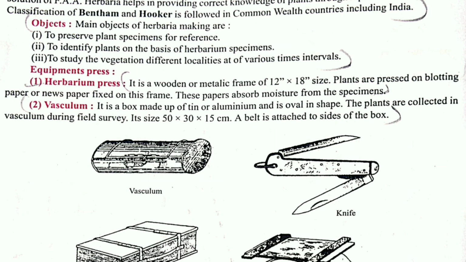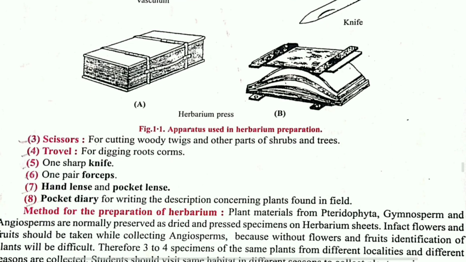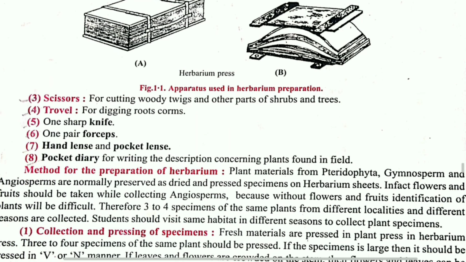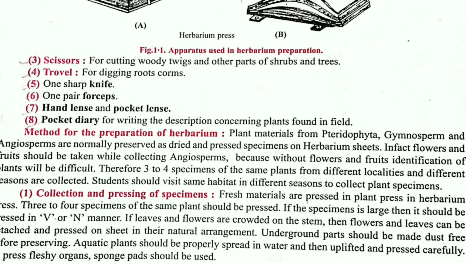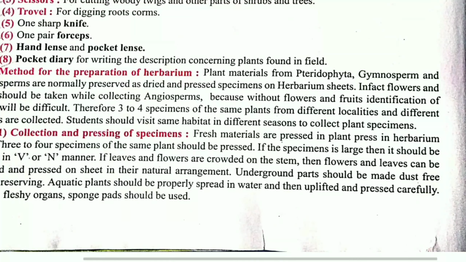Vasculum is a tin or aluminum oval shaped box, and here we collect the plants in one box. Scissors for cutting purpose, a trowel for digging of the root, etc. One sharp knife will be there, a pair of forceps, a hand lens, and a pocket diary to note down from where we are collecting and how we are collecting.